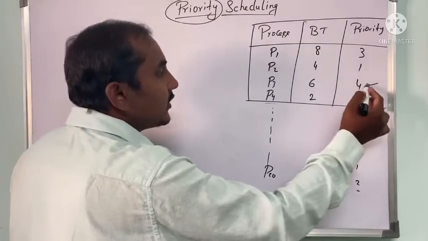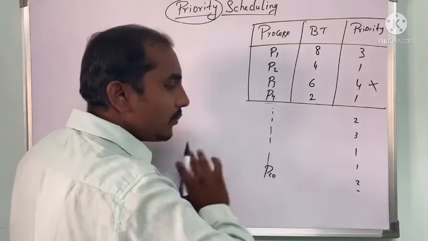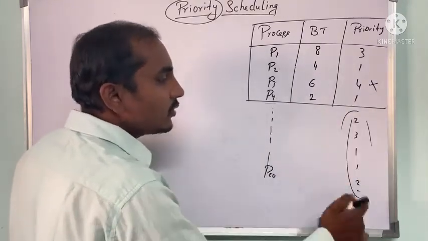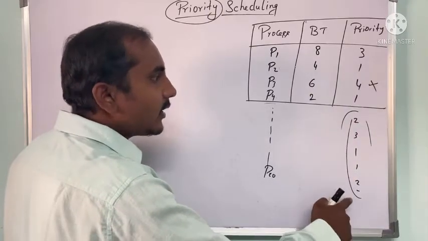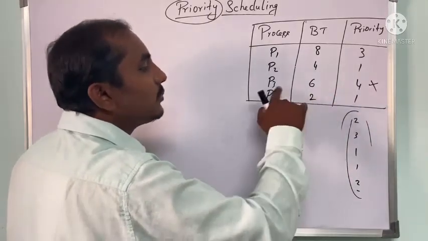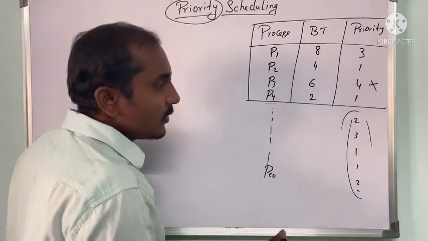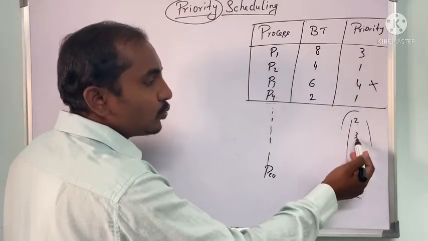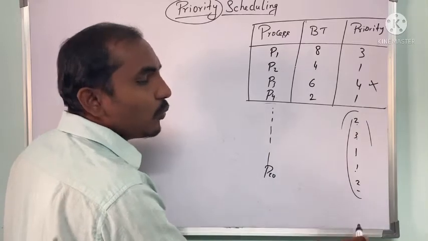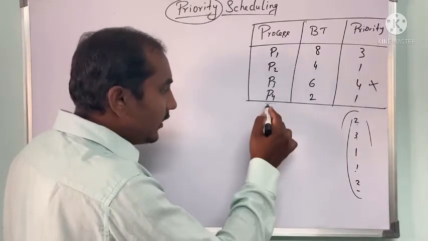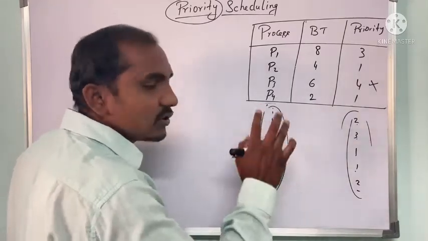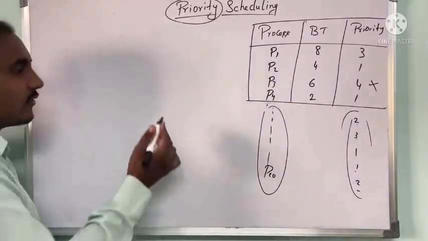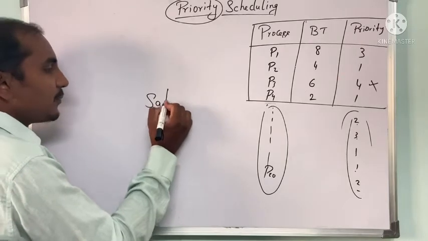In this case, process 3 will not be executed until all these processes are completed, because its priority is lower compared to the others, since P3's priority is 4. Until every process is completed, P3 will be in the waiting state itself. That is nothing but starvation.